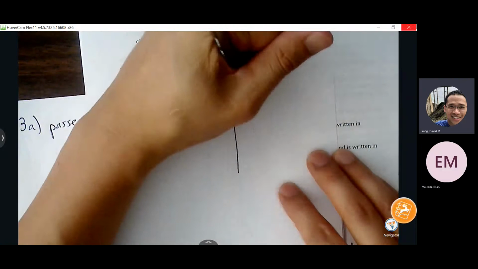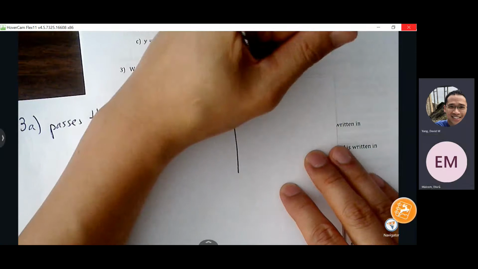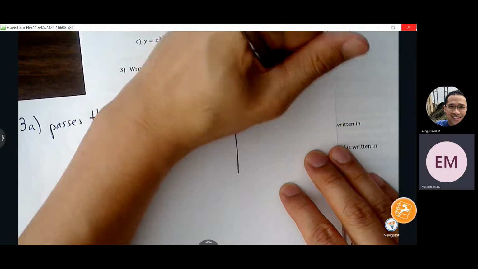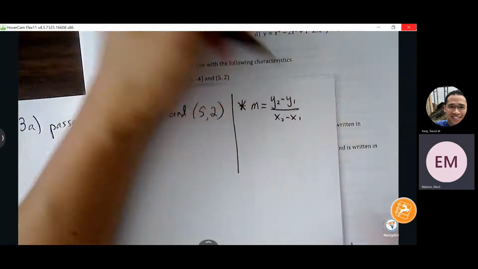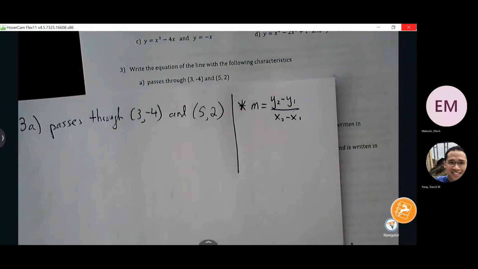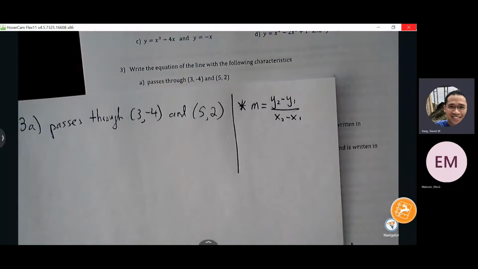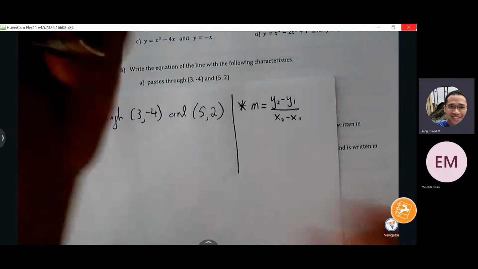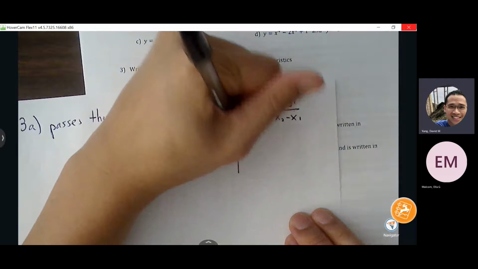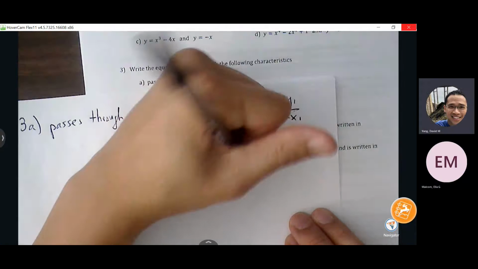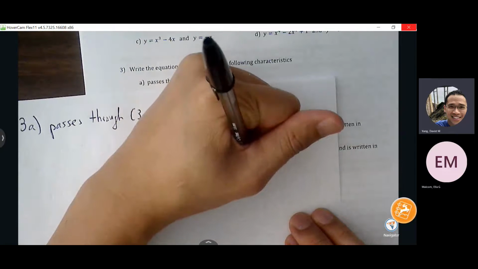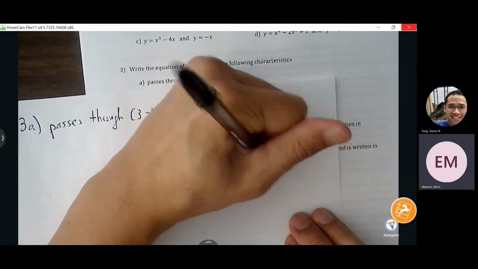There's the slope formula, which is going to come in really, really helpful. There's also slope intercept form, which is useful as well. And there's also point slope form.